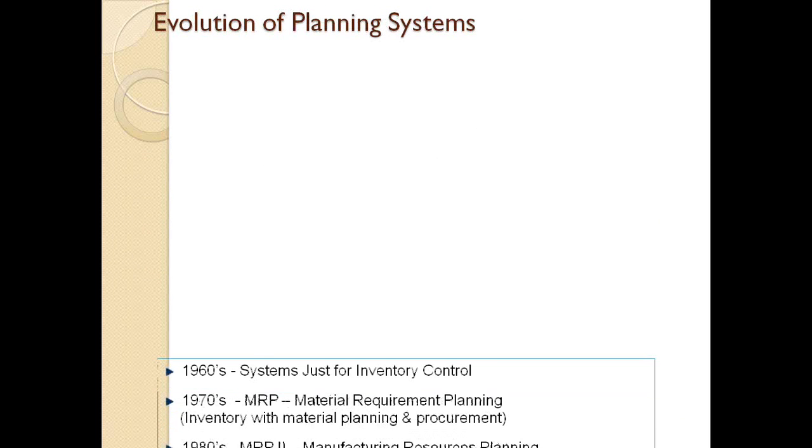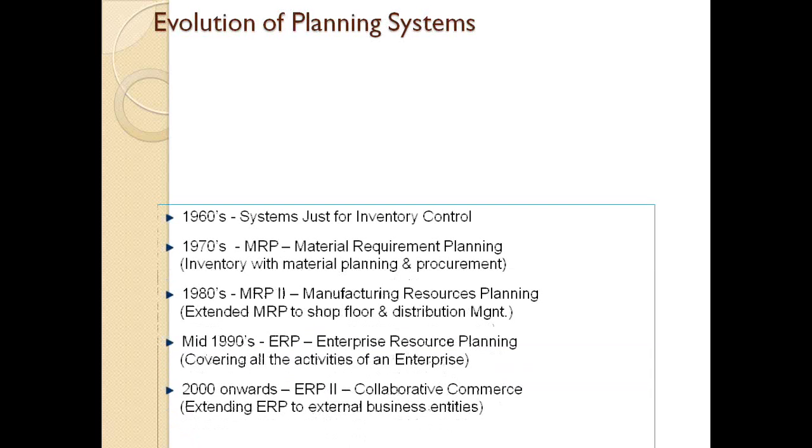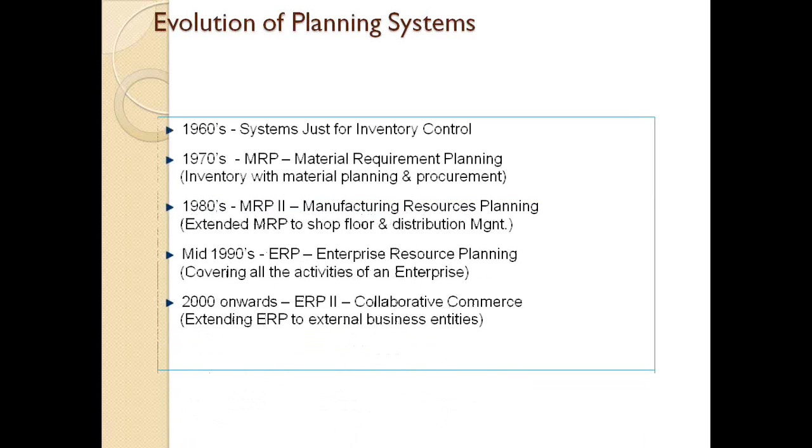We'll look at how these planning systems evolved over a period of time. Like in the 1960s, there was just inventory control. The reason being that material was scarce at that time, and people needed to control the resources and plan for the resources of material.